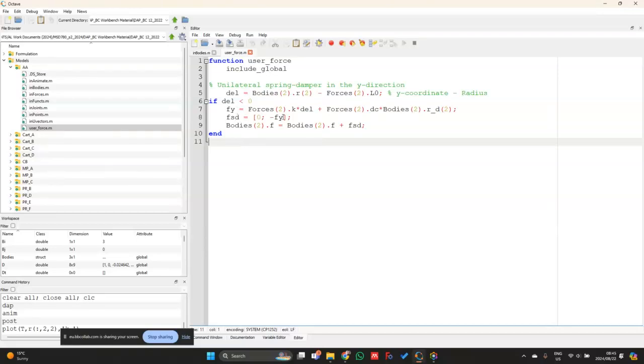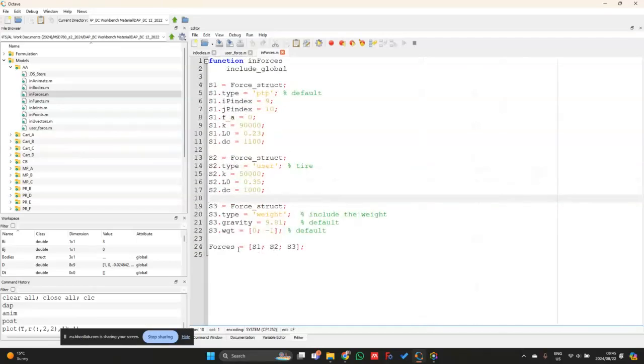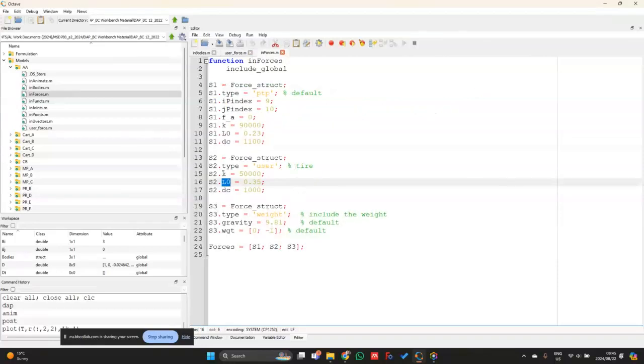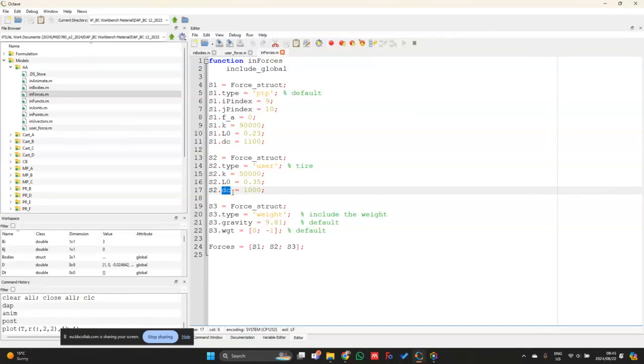So I'm going to say Fy is equal to forces 2 dot k, and what I mean by that is if I go back to in forces, so my forces list over here is 1, 2, so I'm working with S2 that I'm calling, and I'm looking specifically at its L naught value. So I'm saying forces 2 dot, or sorry, this is the K value that I'm looking at. So I'm calling forces 2 dot K, and I multiply that with the deformation, plus forces 2 dot DC, so it's damping coefficient, which I also specified over here.